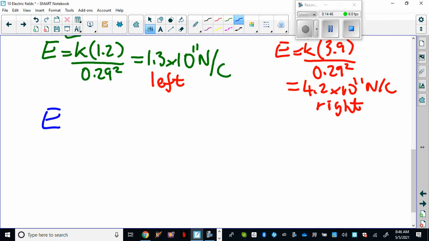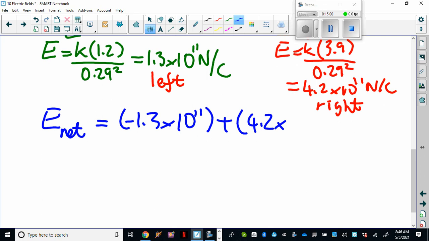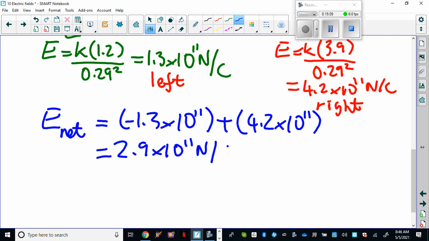So the net electric field is going to equal, we'll call this one negative since it's going left, plus this little guy here, this is going right, and that adds up to 2.9 times 10 to the negative 11 newtons per coulomb, and the direction at that point is, since our answer is positive, and we designated right as being positive, to the right.